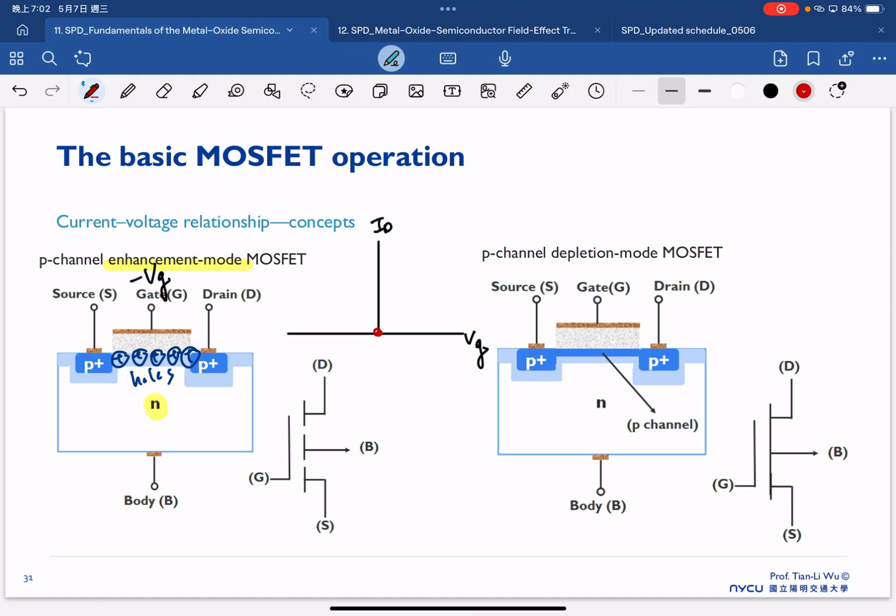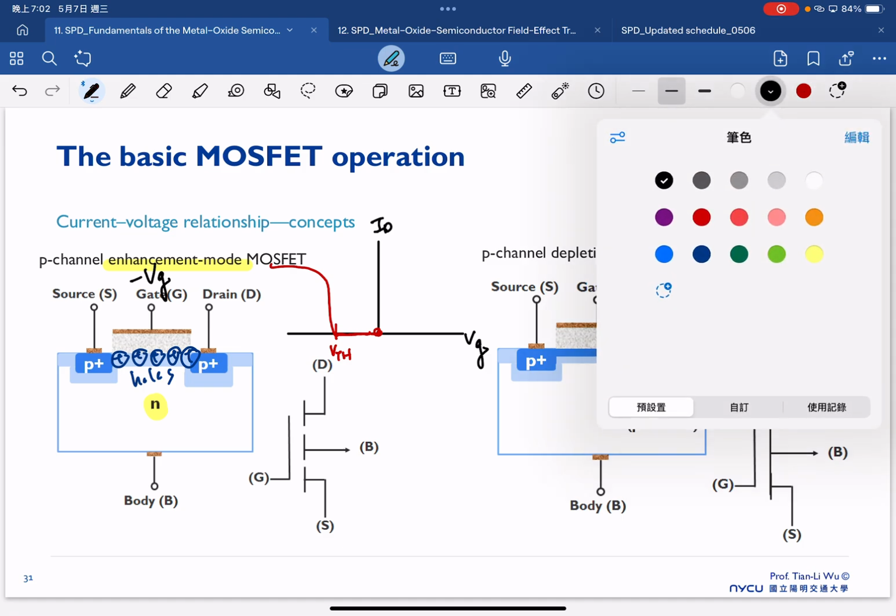So we need to start to apply the negative VG until enough negative value, and we start to induce the holes in the channel. So in this case, we have the threshold voltage here. So this is our enhancement mode P-channel device.